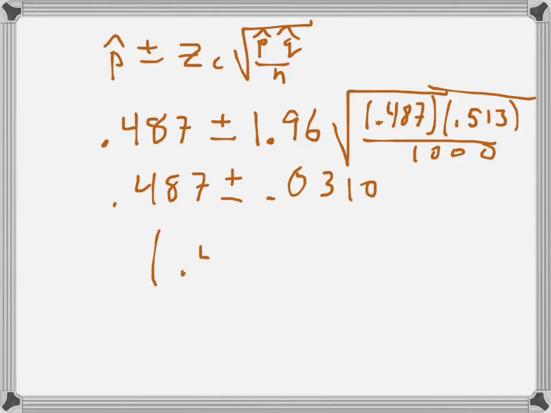So on the low side, that is going to be 0.456, and on the high side, adding my margin of error, that's 0.518. So we are 95% confident that the true proportion of voters who support candidate A is between 0.456 and 0.518, or between 45.6% and 51.8%.